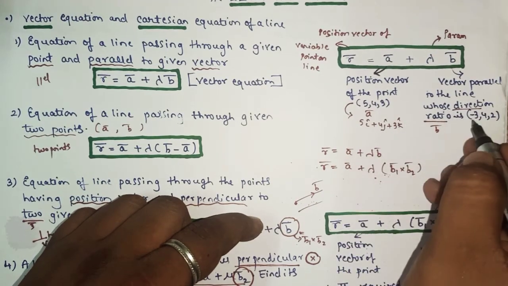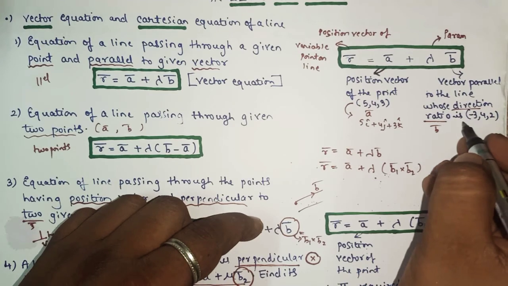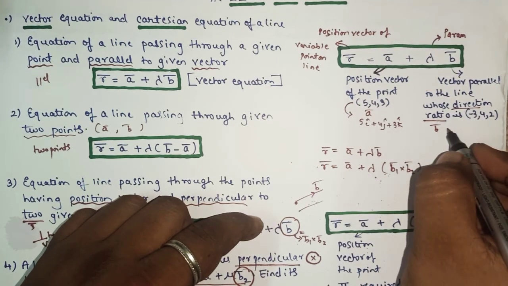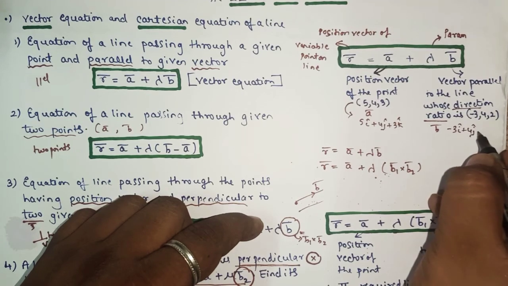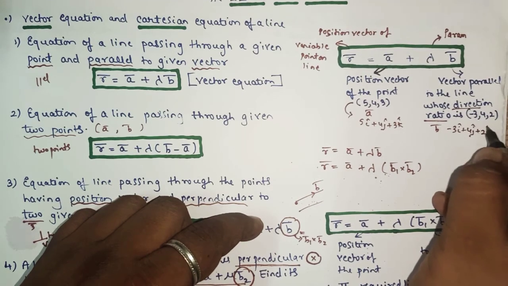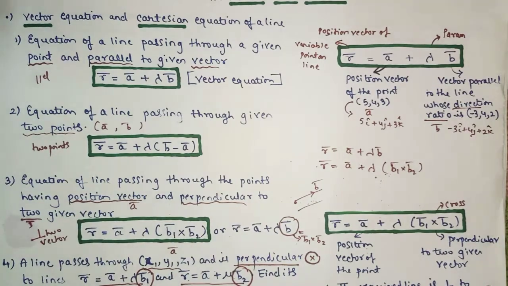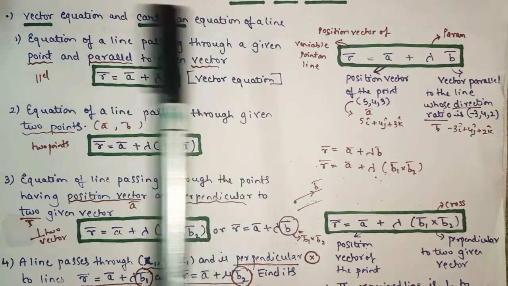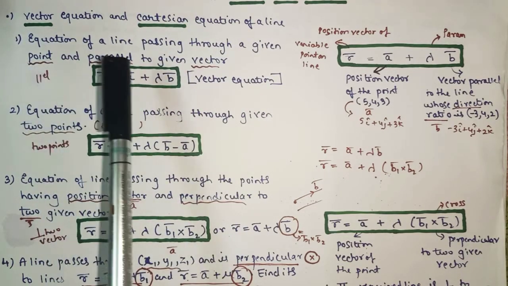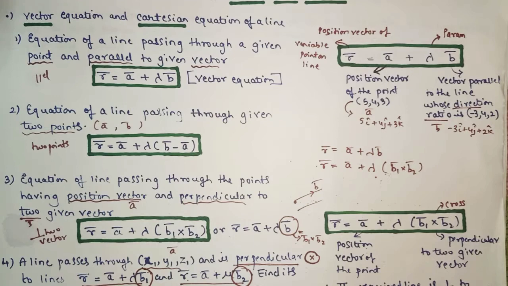The direction ratio, if given in coordinate form, can be written as minus 3i plus 4j plus 2k. So the first formula you apply is when they say passing through a given point and parallel to a given vector.